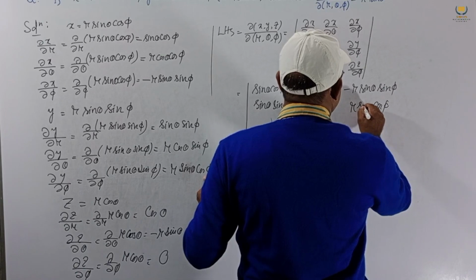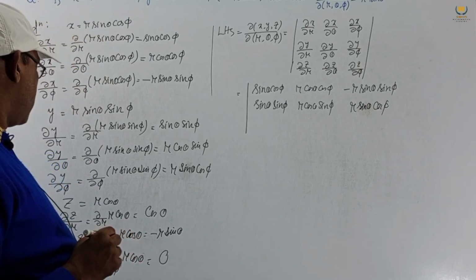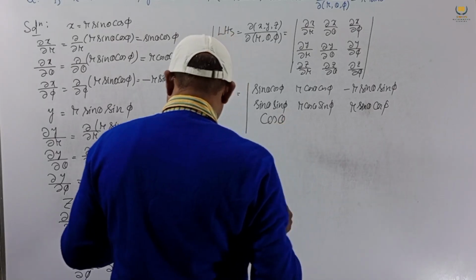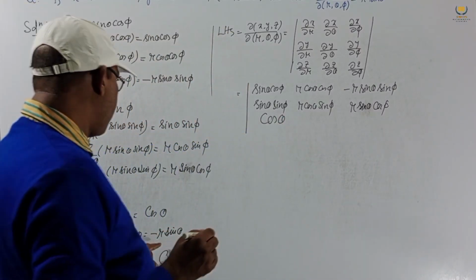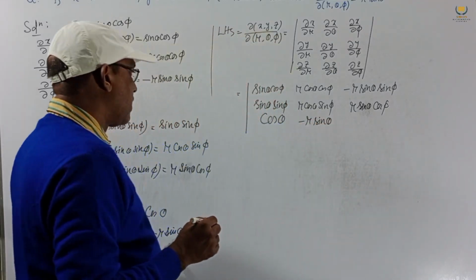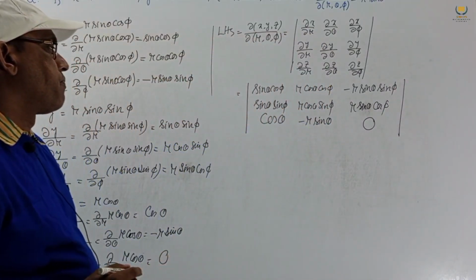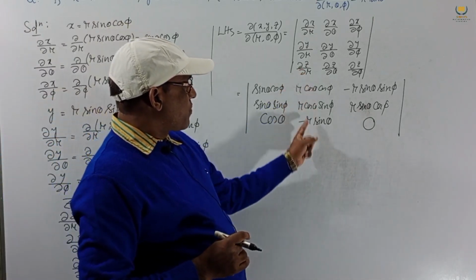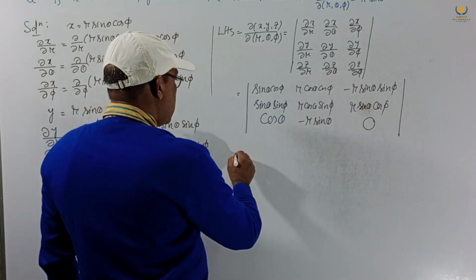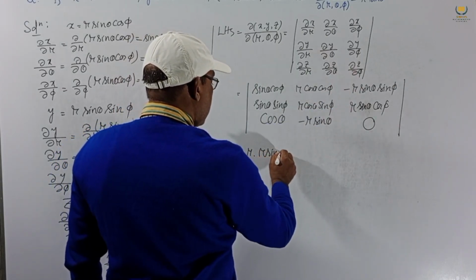And the last row: del z del r is cos theta, del z del theta is minus r sin theta, and the last one is 0. From the second column we get r common, and from the third column we get r sin theta common.